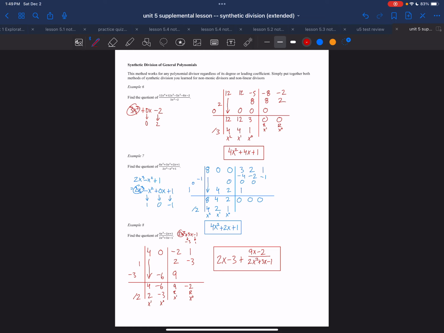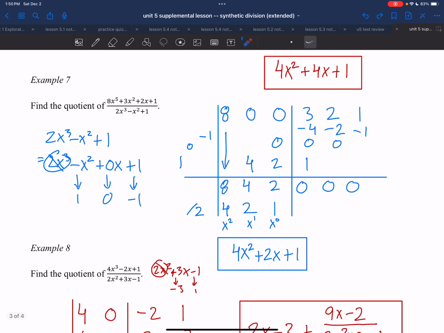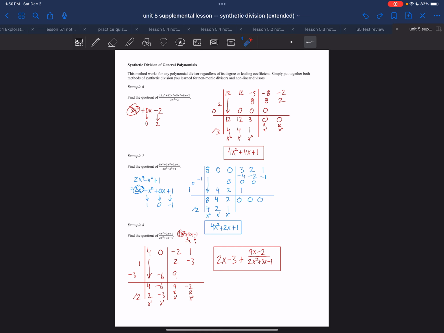The only thing that would really make this tricky, I think, is knowing when to stop and interpreting that remainder, and being sure you set up all the coefficients correctly. Like here, students might be tempted to say 8, 3, 2, 1 rather than 8, 0, 0, 3, 2, 1. So be careful of that. But as long as you know that and you know what you're doing, there it is.